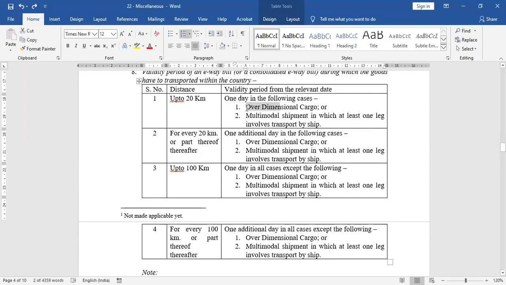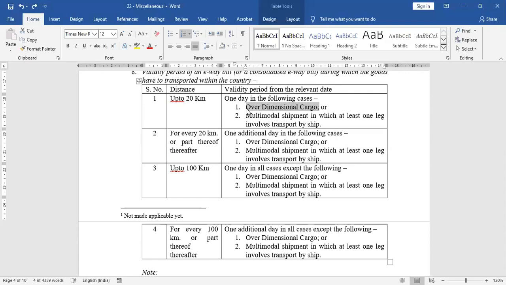In which cases? ODC, over dimensional cargo, which are very heavy cargoes. You can see so many trucks moving at slow pace because those are heavily loaded. An empty truck can cover the distance fast, but a fully loaded truck carrying big containers or big machineries is known as over dimensional cargo.